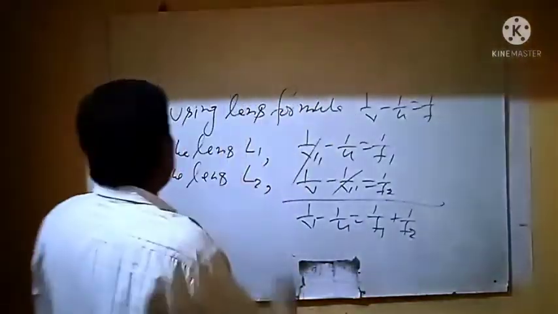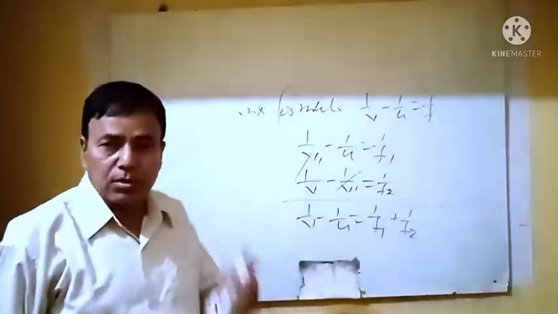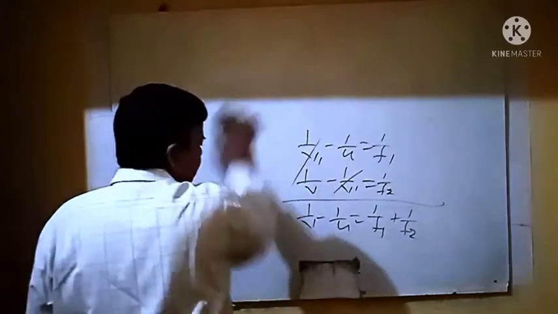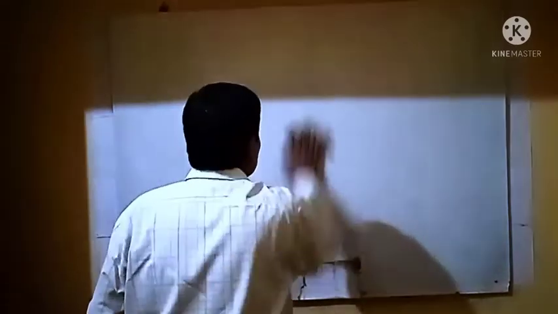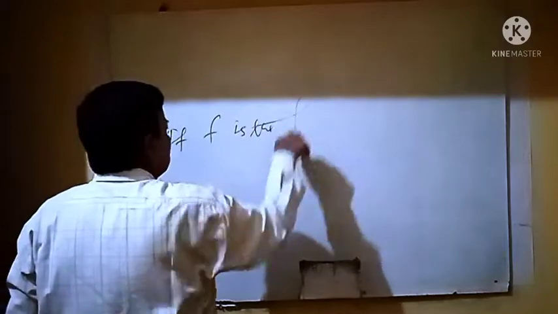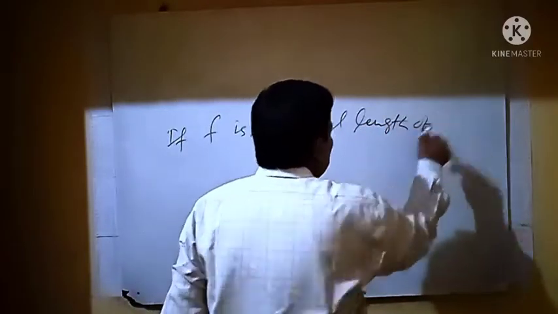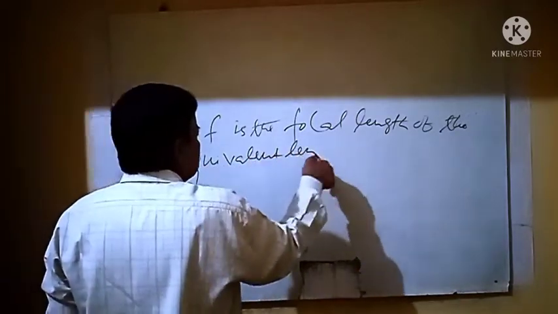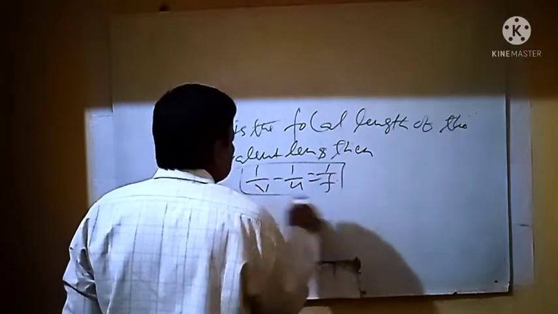If f is the focal length of the equivalent lens, then 1 upon v minus 1 by u is equal to 1 by f.